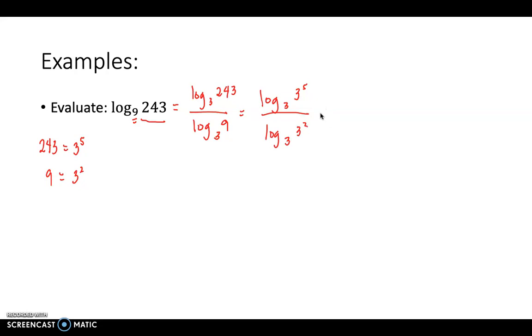So therefore, solving for this particular expression, we'll have 5 halves. The answer for the logarithm of 243 base 9 is simply equal to 5 halves.